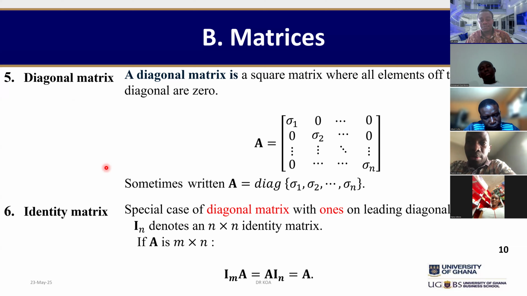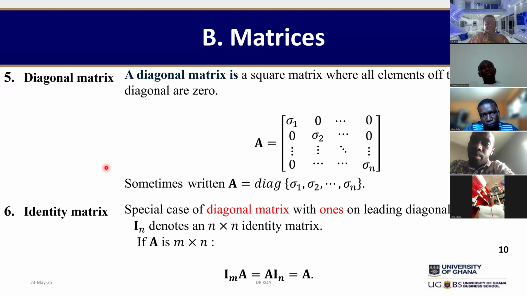The elements of the diagonal can be 0 or any other number. And outside too, for the square matrix, the outside can have any number. But with a diagonal matrix, it's required that outside the diagonal, all the elements should be 0. But the square matrix doesn't have to be 0.